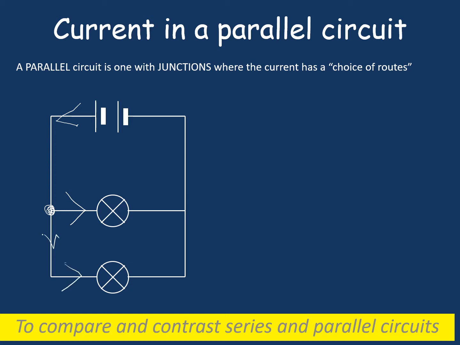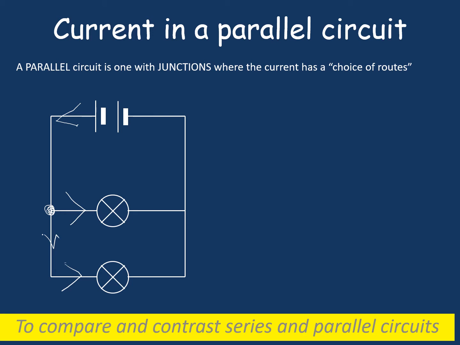It's just like I'm driving through the main road and I reach a junction. Then I have two options in front of me to go. What will you do? When you look at the route, you will take a route which looks like less traffic for you, isn't it? Now here we have two bulbs which, if they are similar, are going to offer the same resistance.